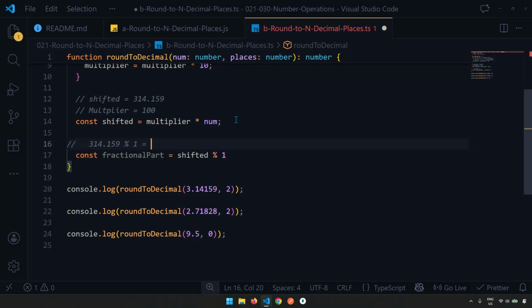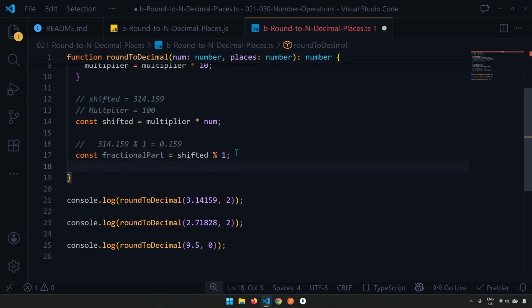What is going to be the result? The result is 0.159. And now that I have this 0.159, I can take a look at these decimal places and not disturb the actual shifted number. So I want to see if I should round 4 up or round it down.